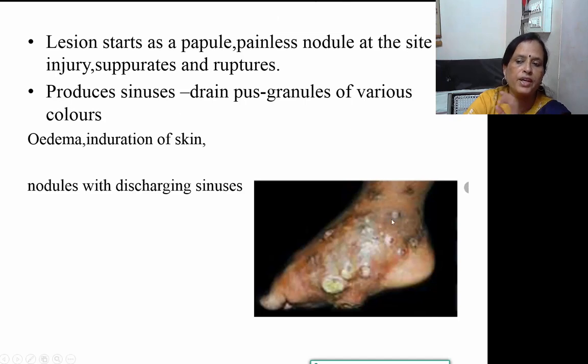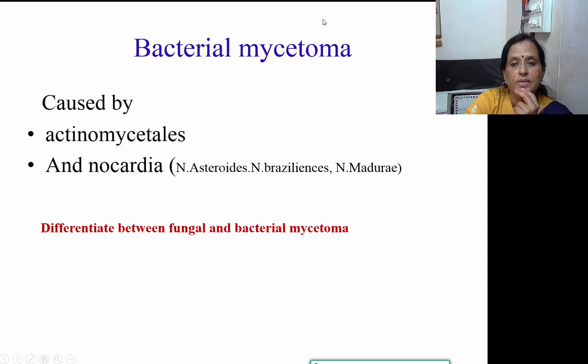Look at this picture, very typical of mycetoma, but we have to take a biopsy of the lesion and get a definitive diagnosis as to whether it is actinomycosis or fungal. If it's actinomycosis, then feel happy, tell the patient that your limb is saved. If it is a fungal infection, you can't do anything, amputation has to be done. Bacterial mycetoma is caused by actinomycetes and Nocardia.